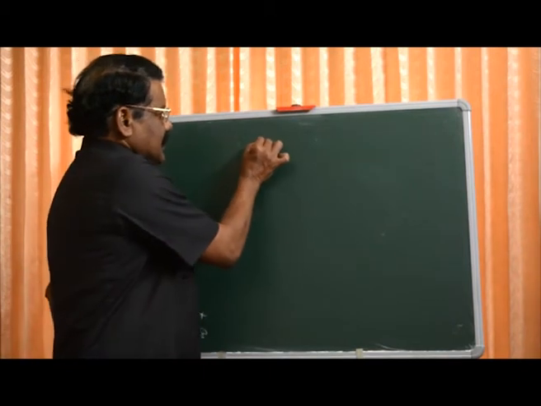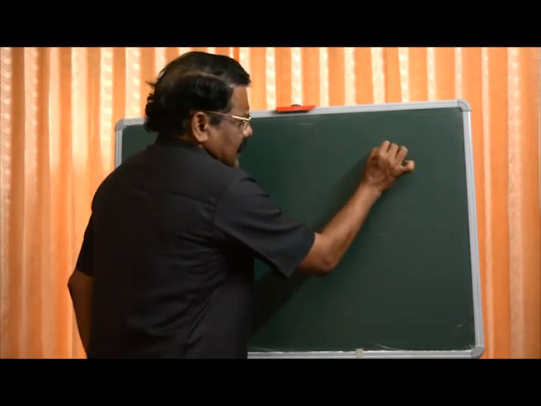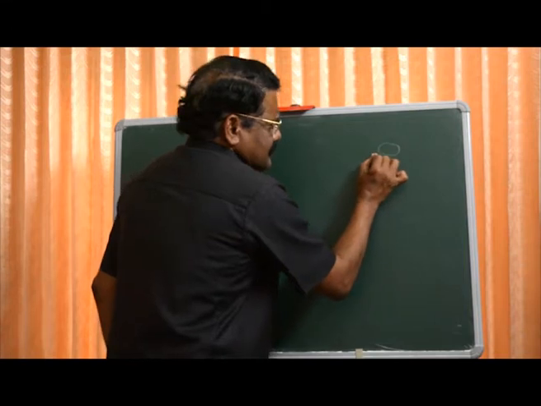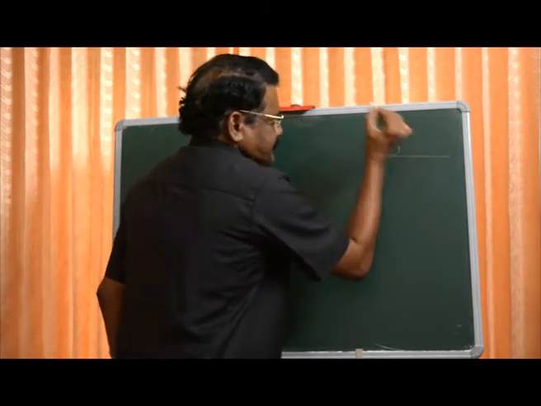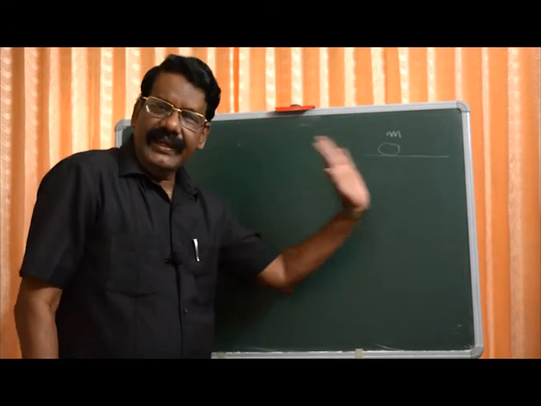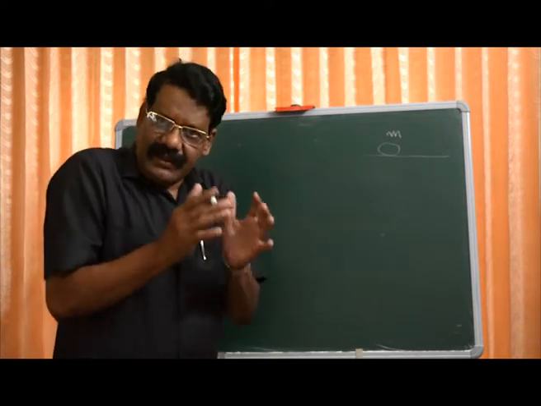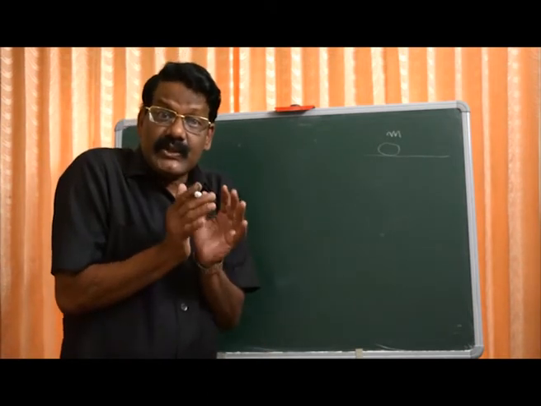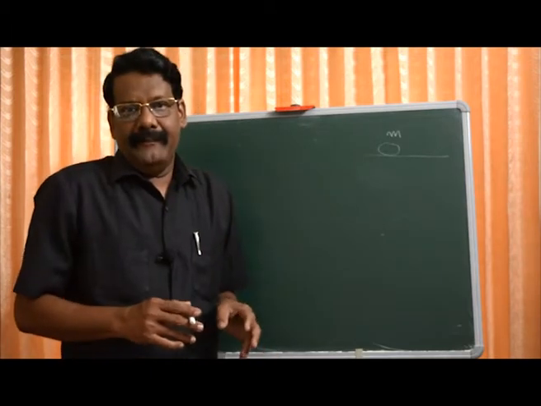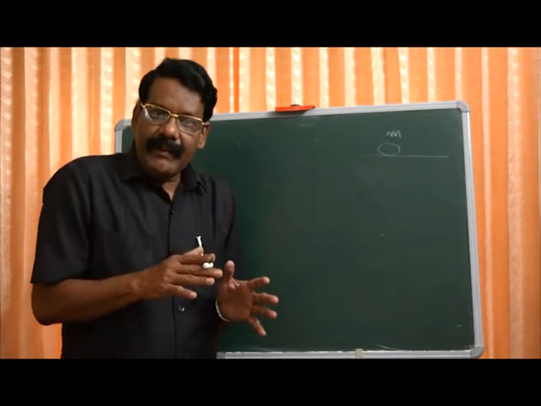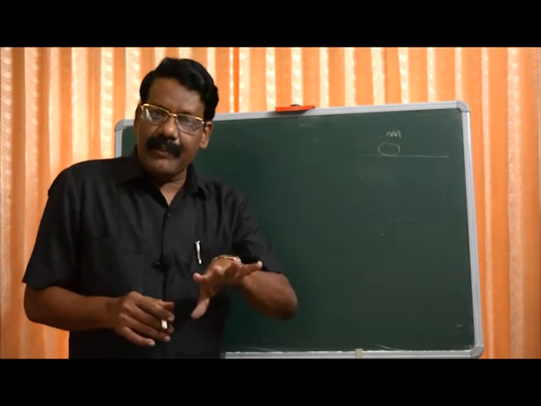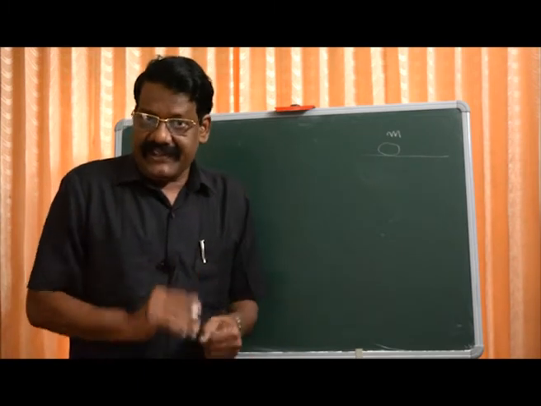You take a ball of mass m, place it on a table, and the ball is kept in an isotropic medium. Isotropic medium means showing the same property in all directions.